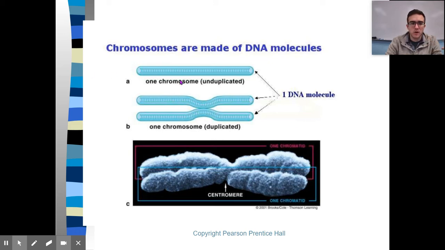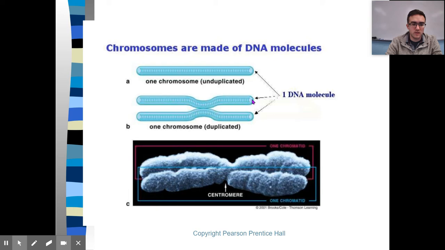This is another picture showing one chromosome unduplicated, and then when we duplicate, we get these chromosomes here. And each strand, each one chromosome, we call a chromatid.